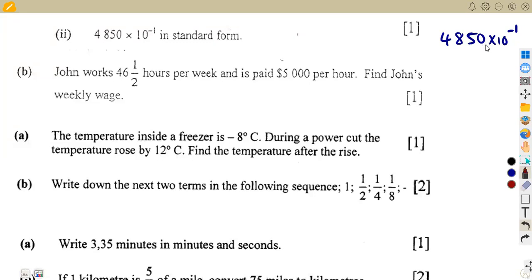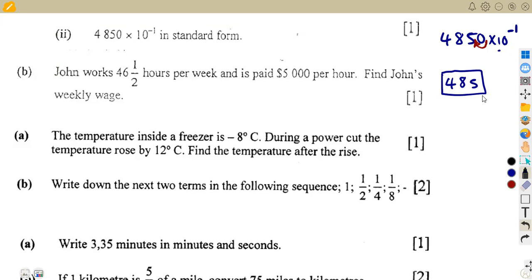So the comma is here, we are going to move 1 comma back to the left. So meaning to say this number as it is, we are going to obtain 485, comma 0 in this case, of which comma 0 is not going to affect this part of our question. So we are going to have 485.